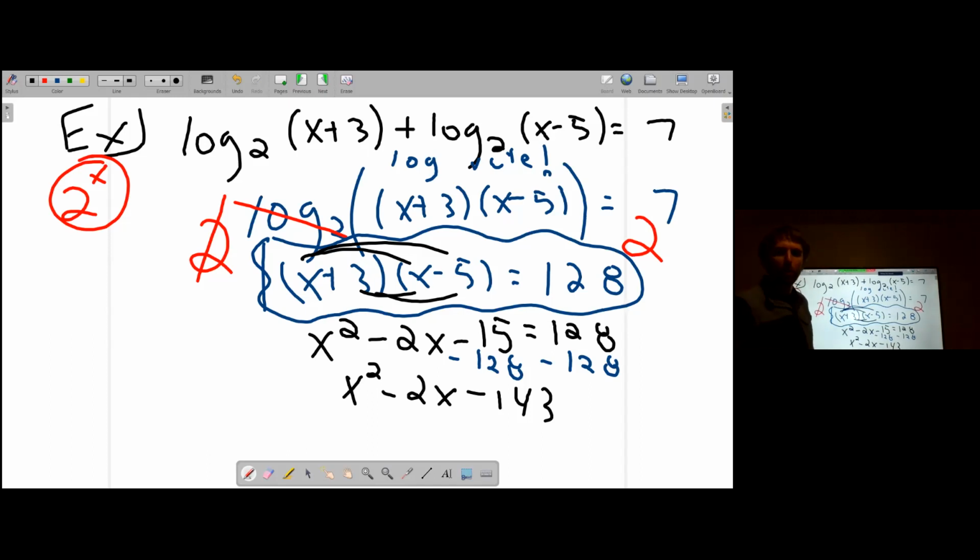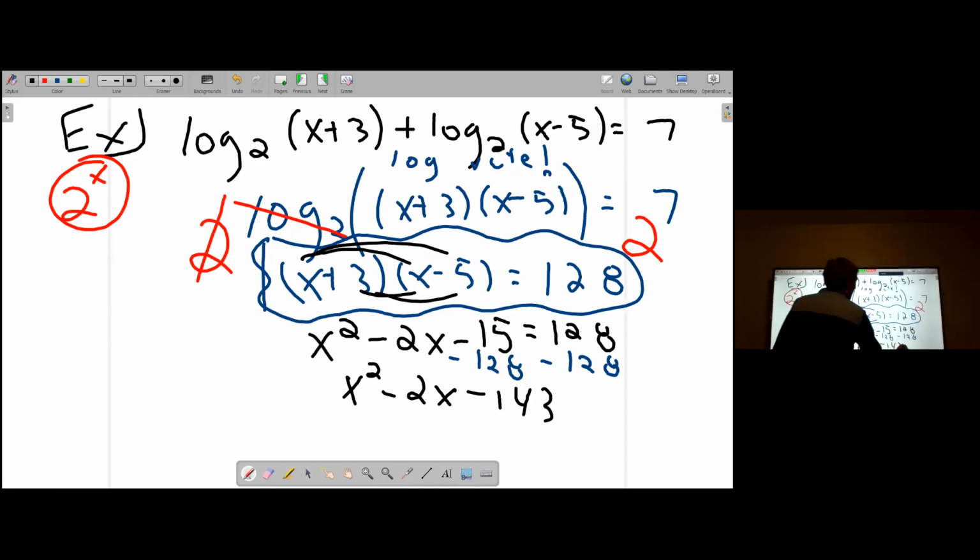Don't know how many of you learned your multiplication tables all the way out past 12, but I happen to know that 143 is 13 times 11. So I think if I make it a minus 13 and a plus 11, that should work out.